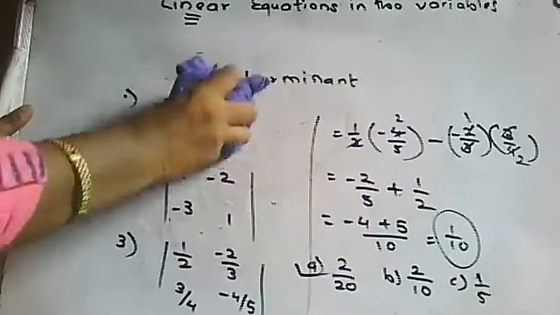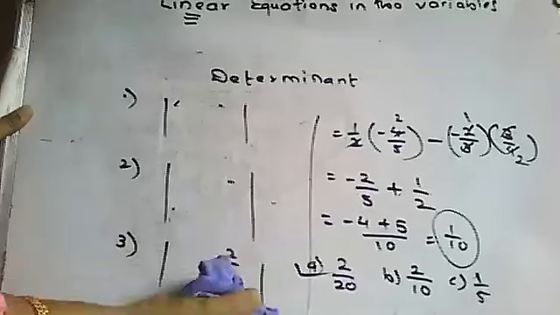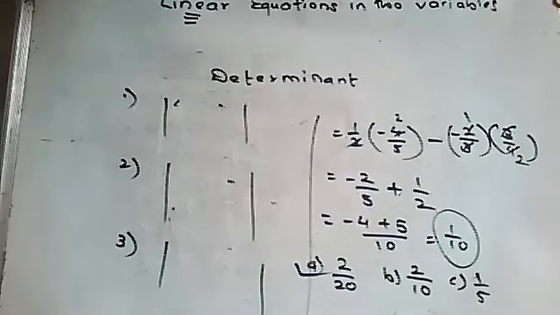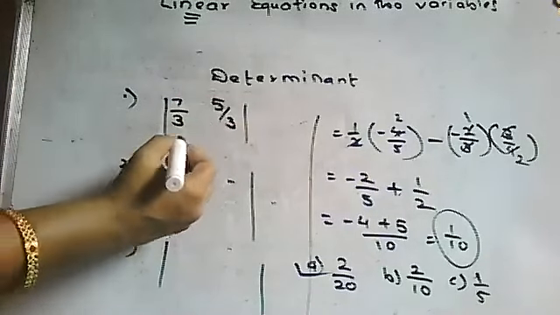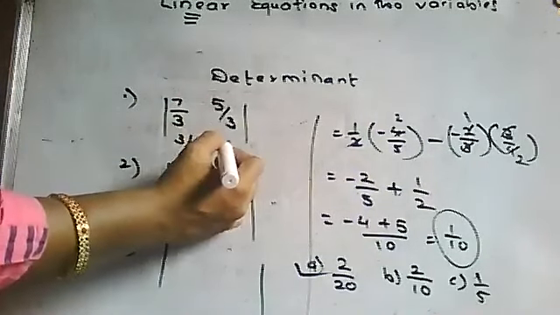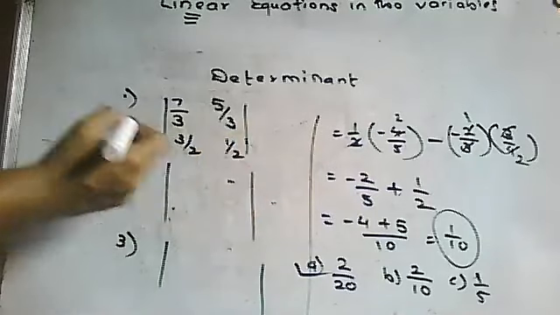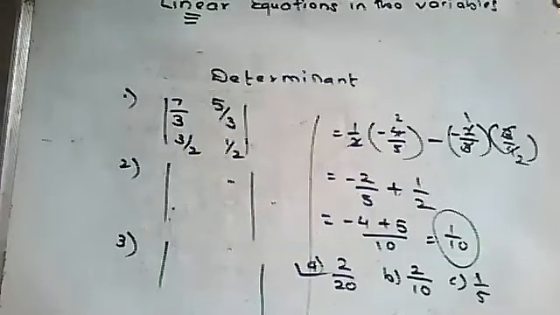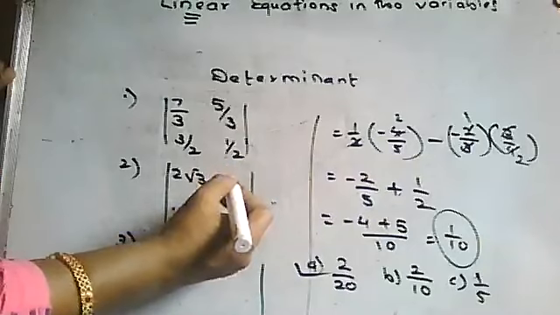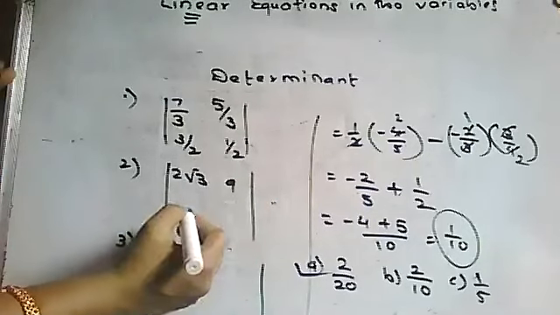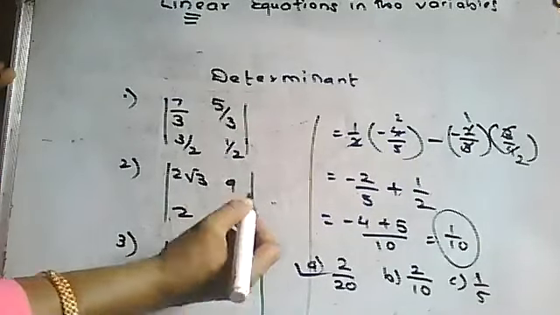Just for practicing, I'll give you some decimal. 7/3, 5/3, 3/2, and 1/2. One decimal I'll give. It may be 2√3, 9, 2, and 3√3.